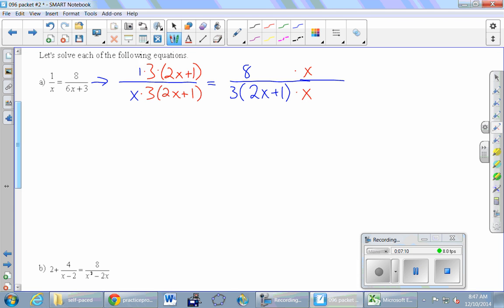And so I'm going to write this step here, and then I'm never going to write it again, and you don't ever have to write it, but we're going to multiply both sides by that denominator, 3, 2x plus 1 times x, and then I'll squeeze this in up here. So we're multiplying both sides by the common denominator.